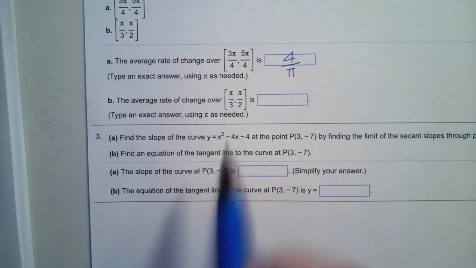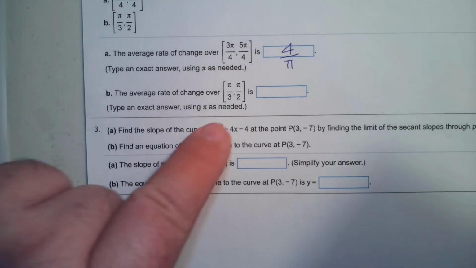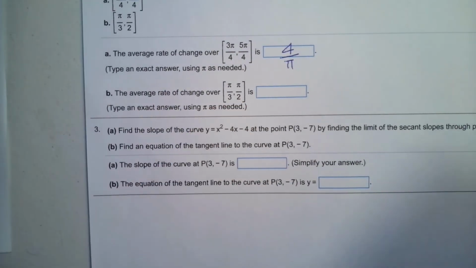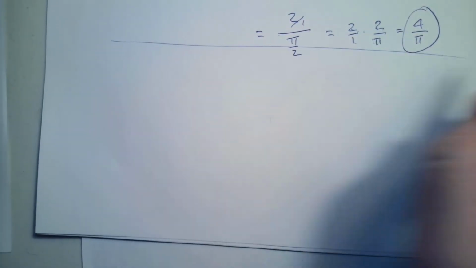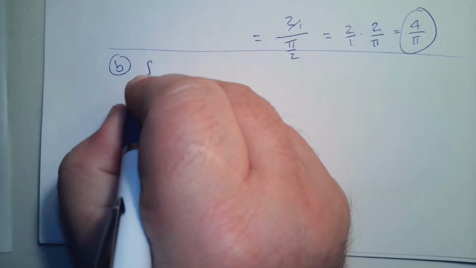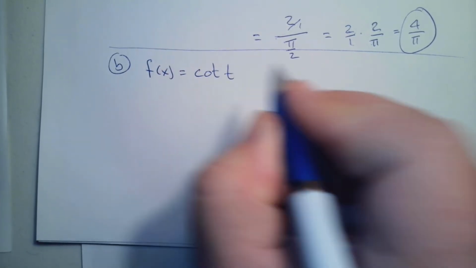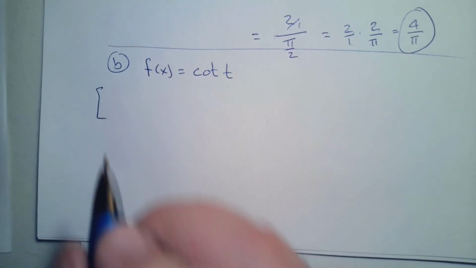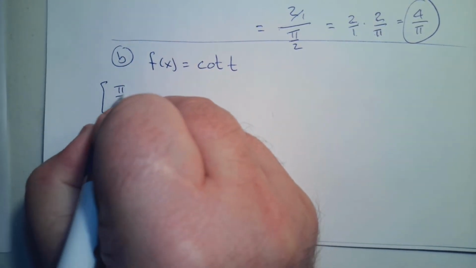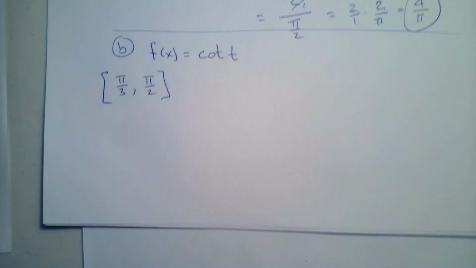Do the same thing for the second one. We're going from pi over 3 to pi over 2. The function is the same. It's the cotangent of t in the interval pi over 3 to pi over 2.